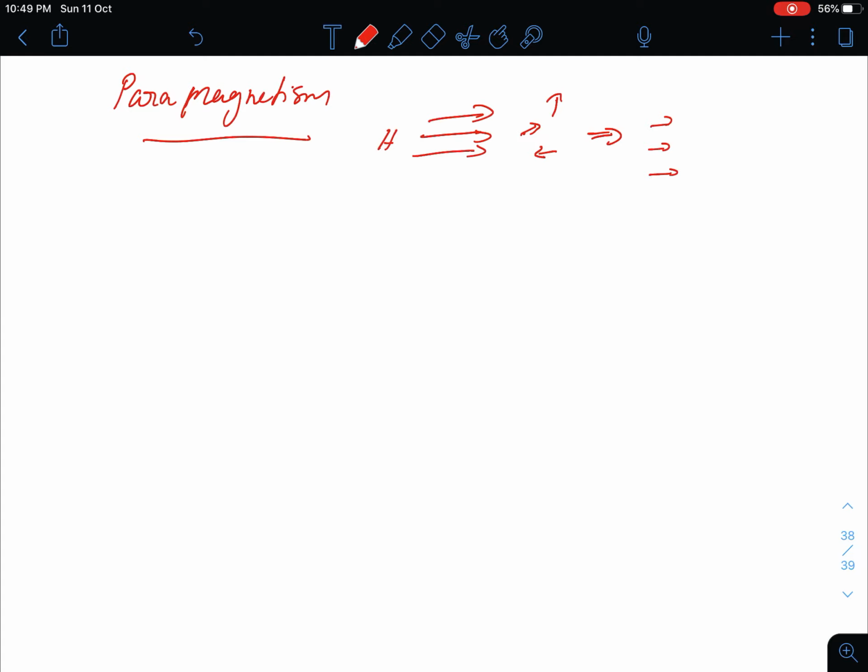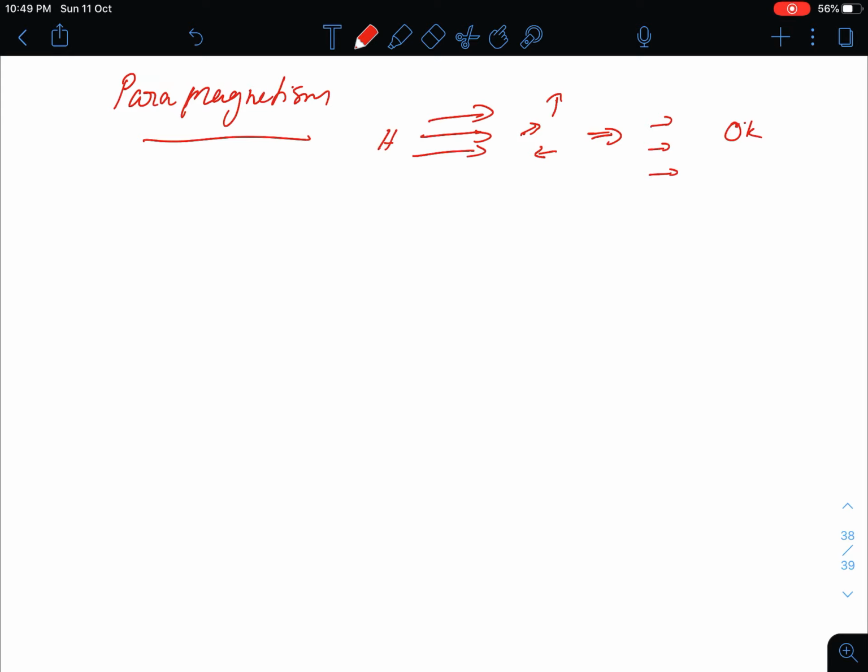So, say if you are magnetizing the material at 0 Kelvin, then you can completely magnetize the material entirely. Now, suppose you are magnetizing the same material at a very high temperature, say 1000 Kelvin, then it would be very difficult for you to magnetize because the thermal agitation would be so high. So what happens in the intermediate temperature? That's what we are looking into.